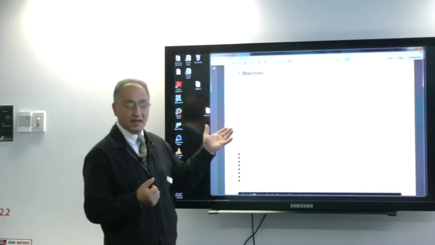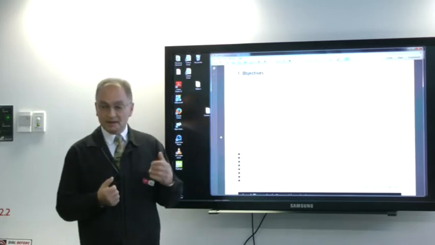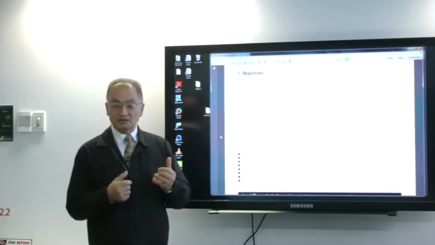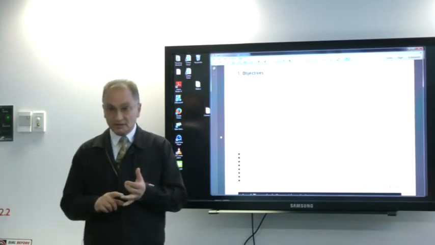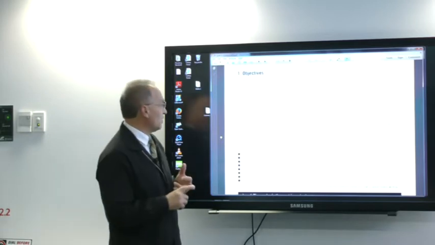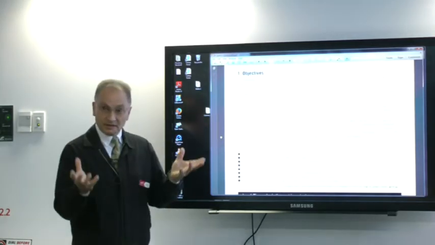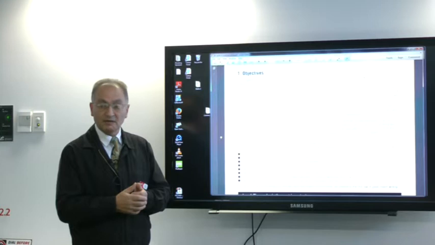So the objectives have to be defined at the beginning. The objectives will be where you decide what you're going to be researching, what you're going to be writing on, where the information is going to be gained, and why you're doing it.